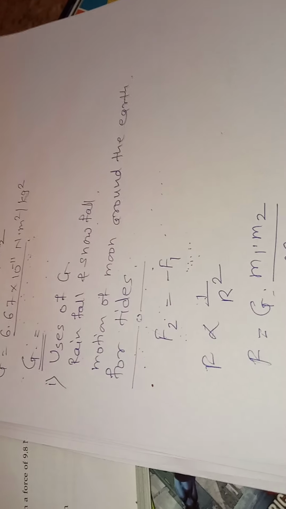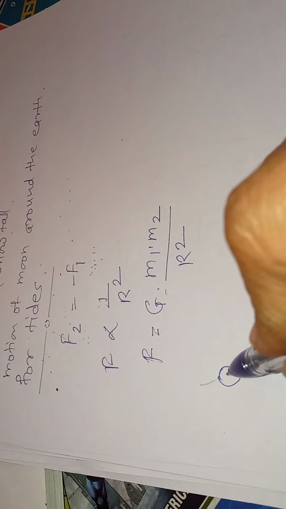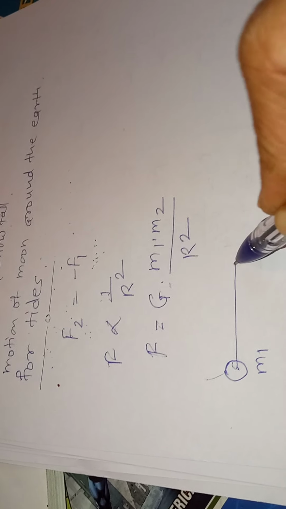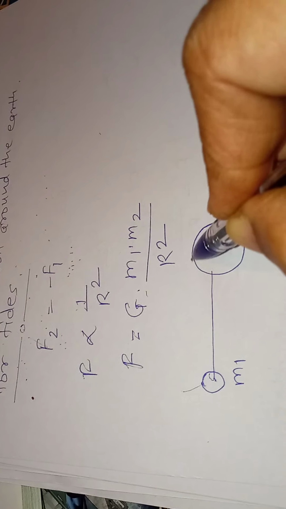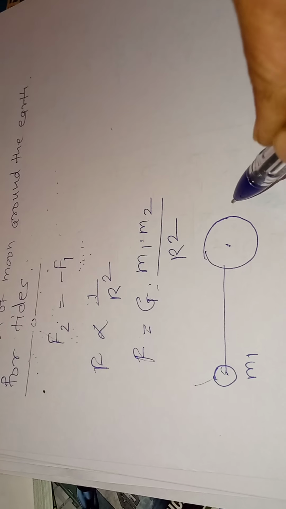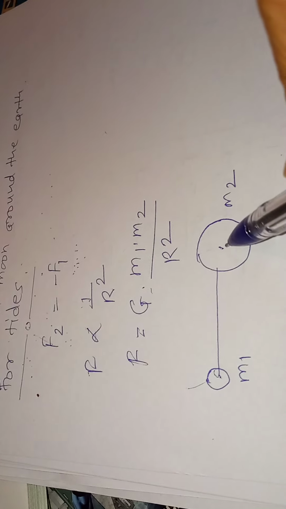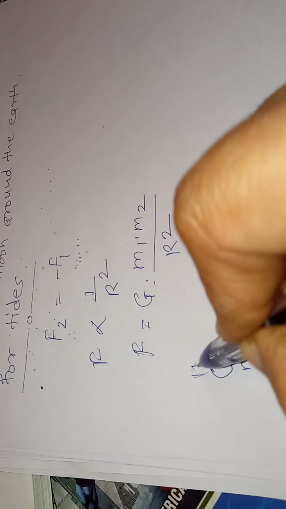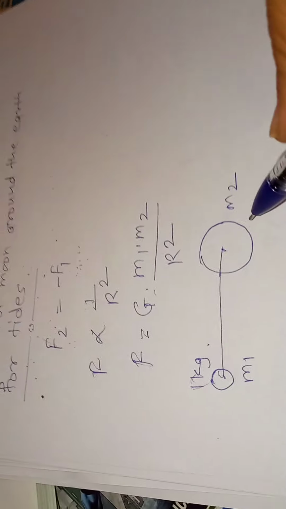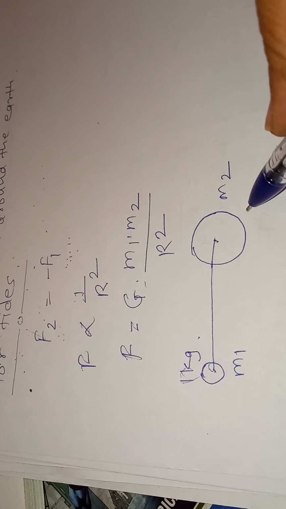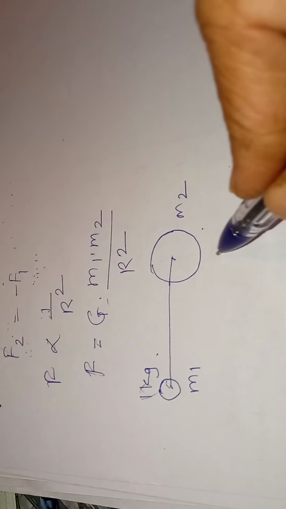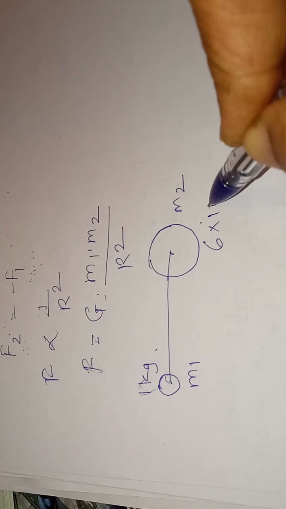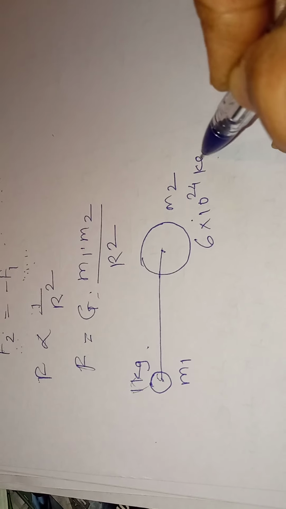See, this is the body of mass m1 and this is the earth of mass m2. The mass of the body is 1 kg. The mass of the earth, you know, is 6 into 10 raised to 24 kg.